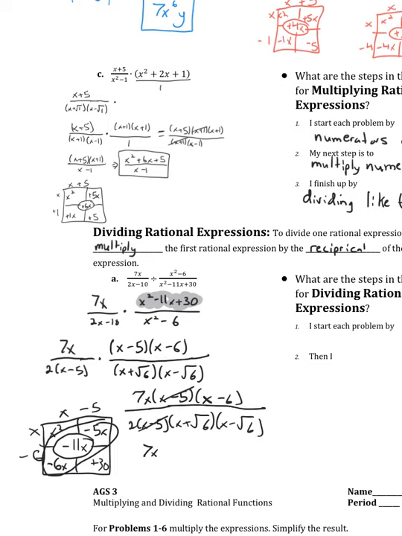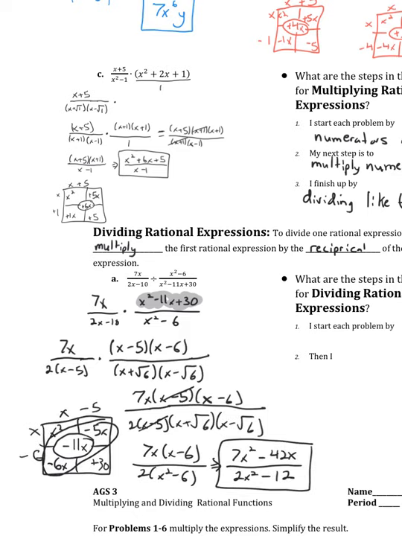So the last part would be to multiply things together. I'll rewrite this real quick: 2 times, and this one goes back to x squared minus 6. I couldn't really do anything to simplify that. The last step, I multiply my 7x. I'm going to get 7x squared minus 42x over 2x squared minus 12.